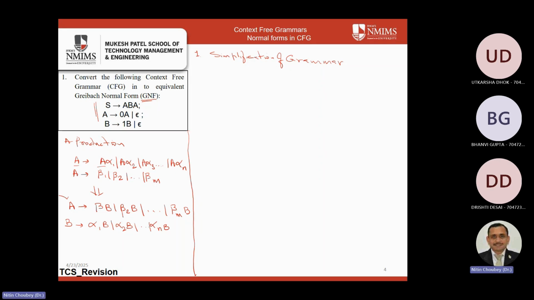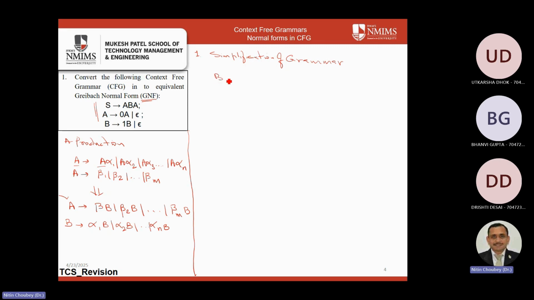So let's go for removal of useless symbols. Do we have any useless symbol available here? S gives ABA, where A generates epsilon and B also generates epsilon. That means we do not have any useless variable here. Similarly, we do not have any useless production either. But we certainly have epsilon productions, which need removal. So let's go for removal of epsilon production, starting with B.